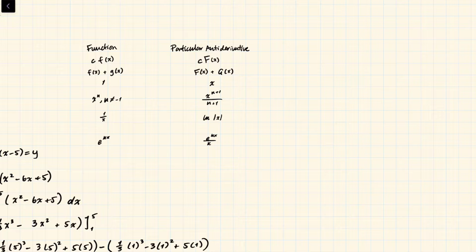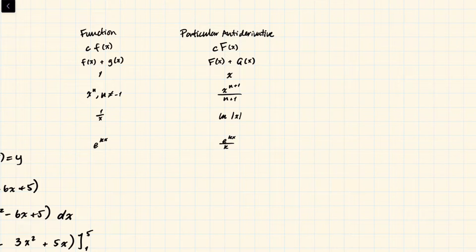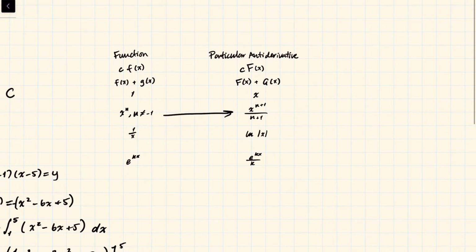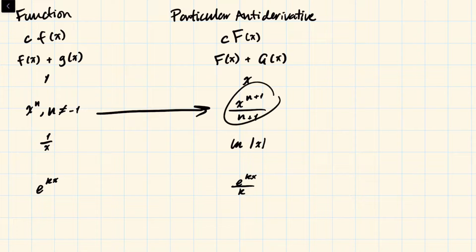If you have x to the n, where n isn't negative 1, because then you'd have the exponent 0 when you add 1 to it, right? And you'd be dividing by 0, and we can't have that. So when you have x to the n and n isn't negative 1, you can find the antiderivative using this formula here.